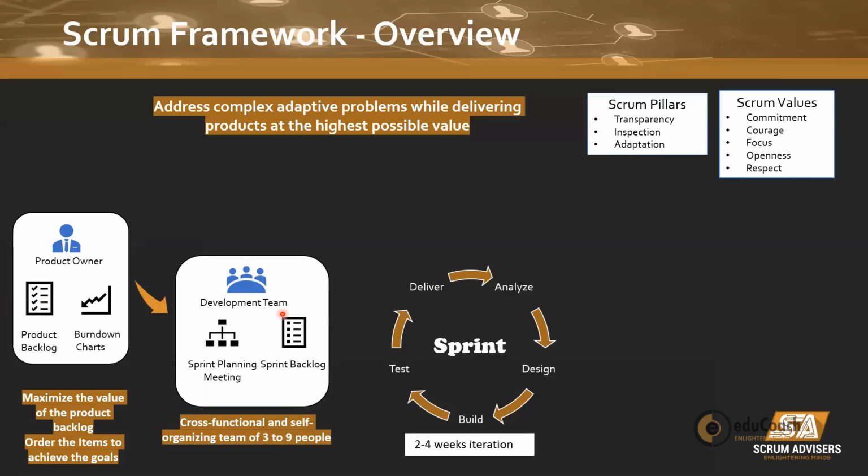Sprint backlog is the plan for our sprint. The sprint backlog is owned by the development team. This is where, during the sprint planning meeting, the development team picks up items from the product backlog and places them in the sprint backlog, and then also places the plan to complete those items within the sprint backlog.